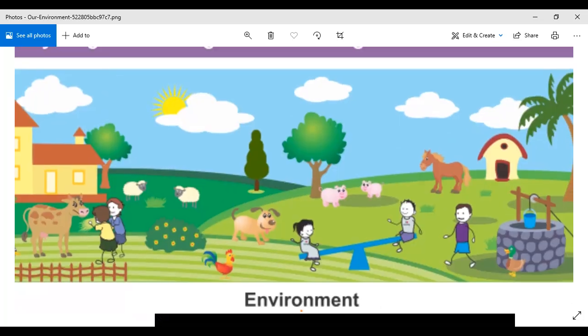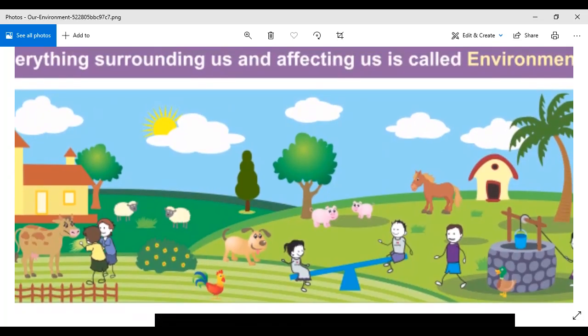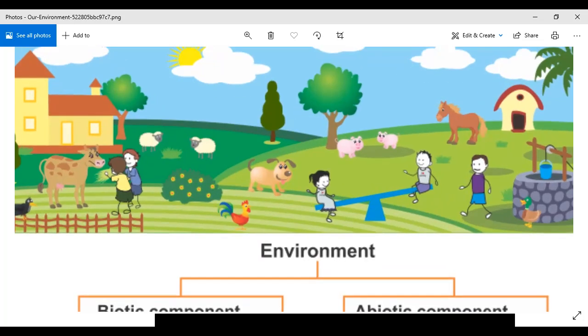Let's say if you look in this picture, if we talk about the environment of these kids, they have a lot of animals around them, there is a dog, there is a hen, there is a horse, there are some kids, and it looks like a small park as well. Then we have the houses, then we have the trees, flowers. So everything is collectively making their environment.